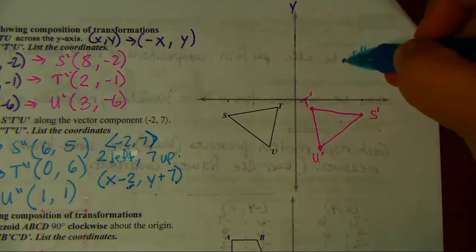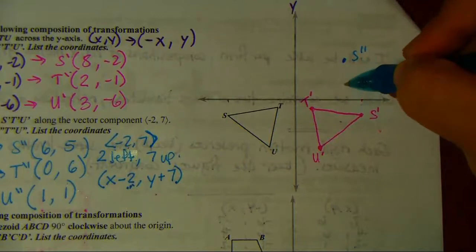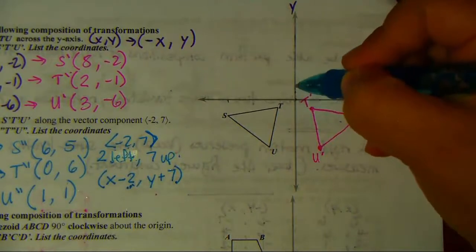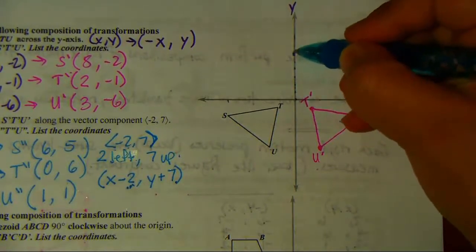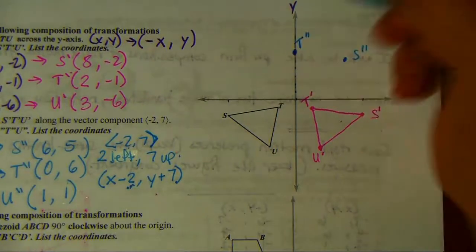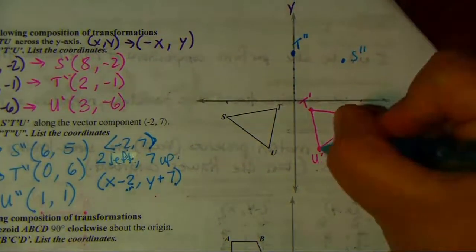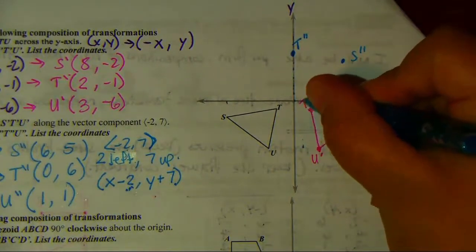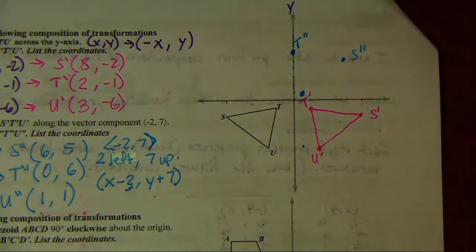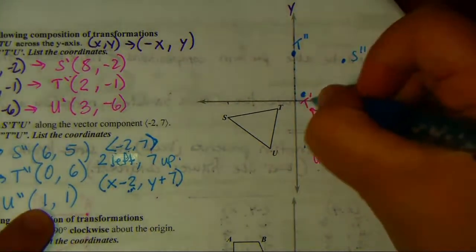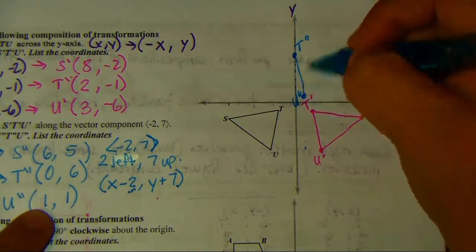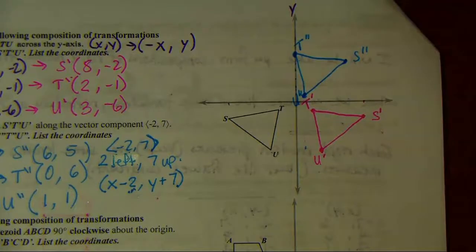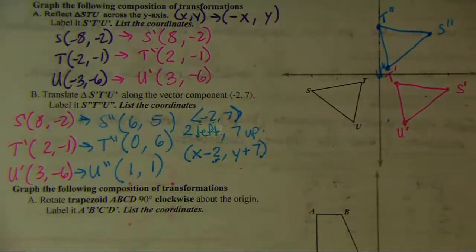Wait, that should be, did I count way too many here? Nope. Okay, hold on. 2 to the left and 1, 2, 3, 4, 5, 6, 7. Sorry, miscounted. T double prime right there. And then U, 1, 2 to the left, 1, 2, 3, 4, 5, 6, 7. There is U double prime at 1, 1 right there. Connect my triangle points, my vertices here, and bam, right there. There's my translation.